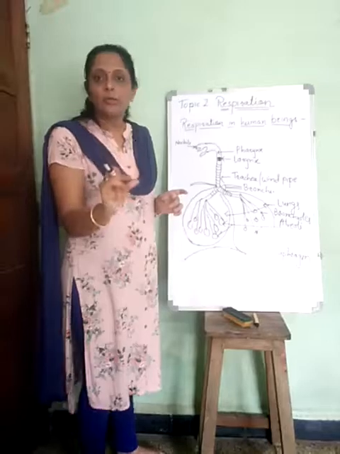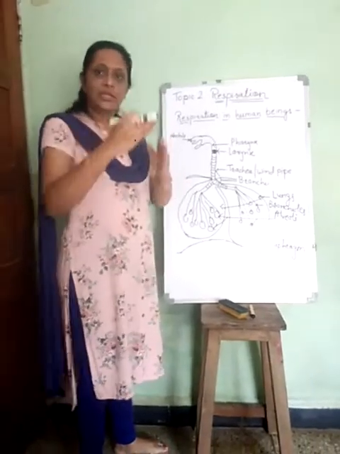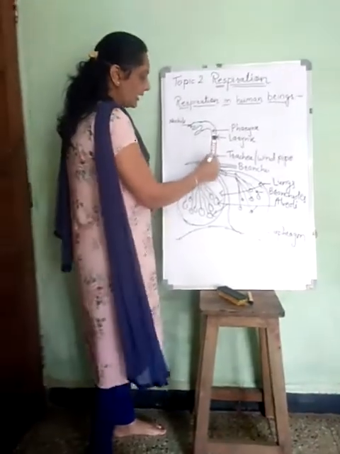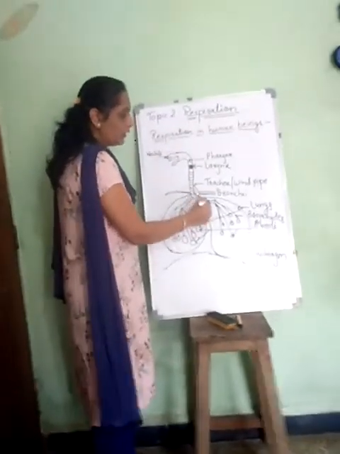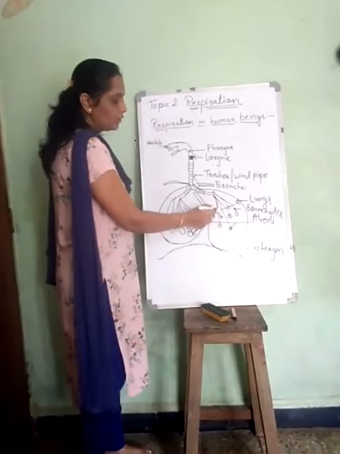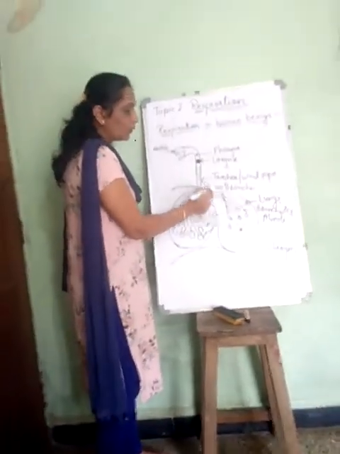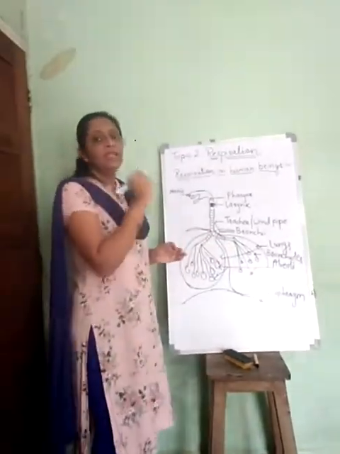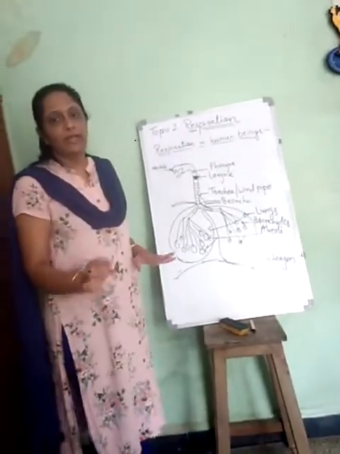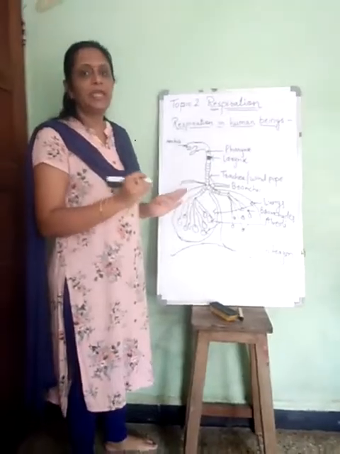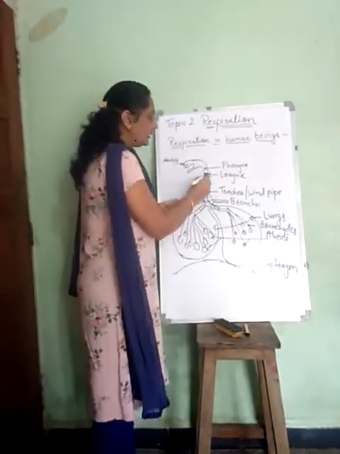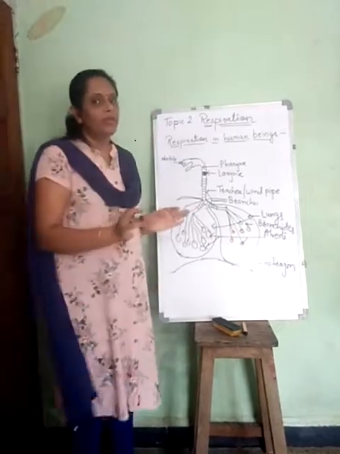The trachea is a long pipe-like structure which extends down into two branches. So through the trachea it goes to the bronchi, and from the bronchi it enters the bronchioles. The trachea, bronchi and bronchioles carry the filtered air from the larynx towards the alveoli.